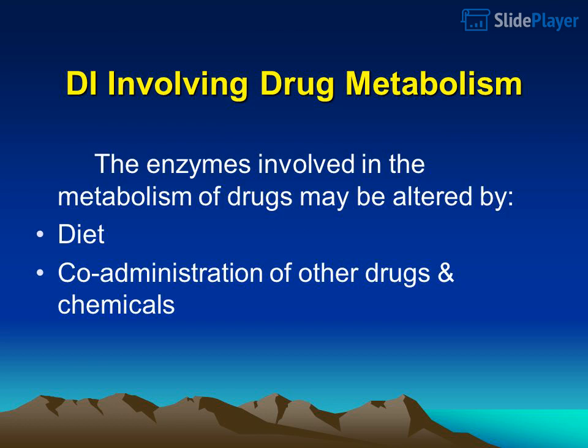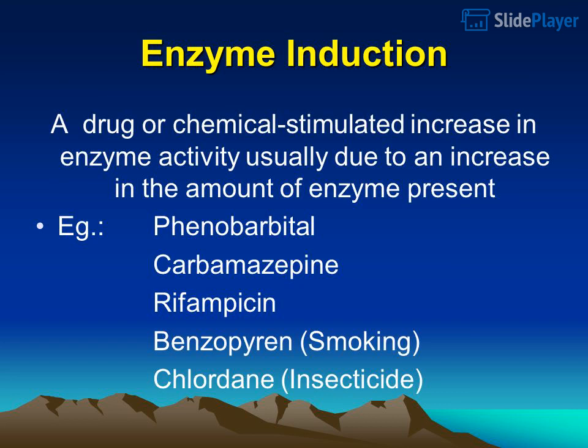Drug interactions involving drug metabolism: the enzymes involved in the metabolism of drugs may be altered by diet and by co-administration of other drugs and chemicals. Enzyme induction is a drug- or chemical-stimulated increase in enzyme activity, usually due to an increase in the amount of enzyme present, for example phenobarbital, carbamazepine, rifampicin, benzopyrene, smoking, chlordane, and insecticides.